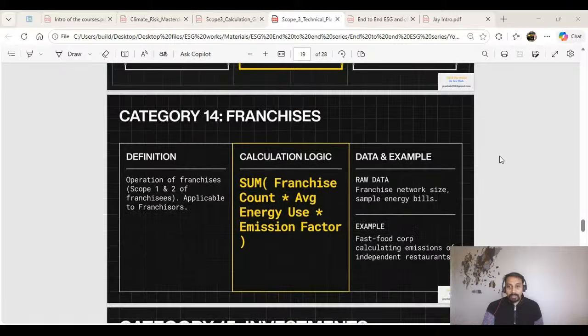Category 14 and 15 are among my favorites because they cover the finance-related stuff, and you can see these examples. So franchises here: if you are taking a franchisee to sell the car of Jaguar Land Rover or Mercedes, then you are a franchisor, and as a franchisor you have to count on that side.